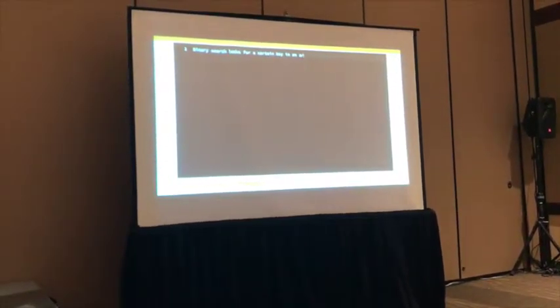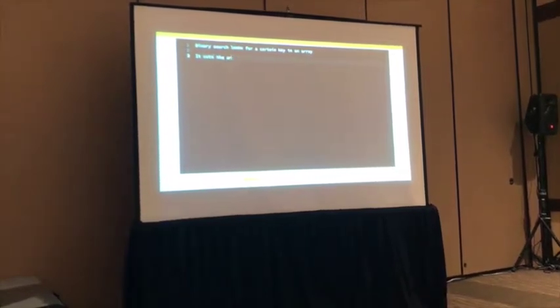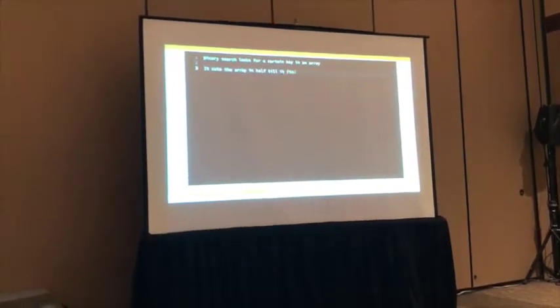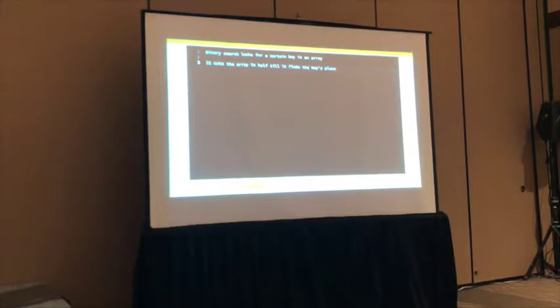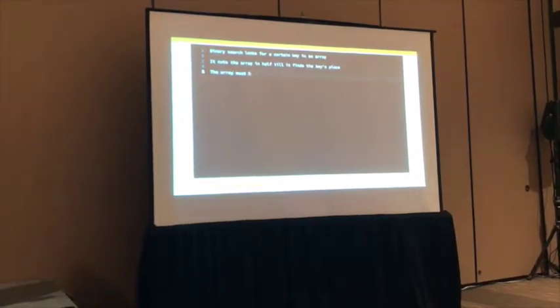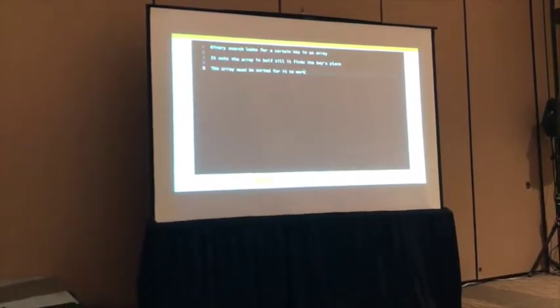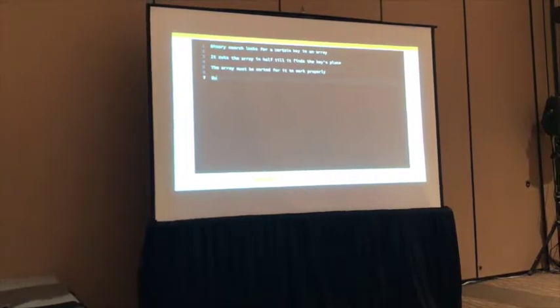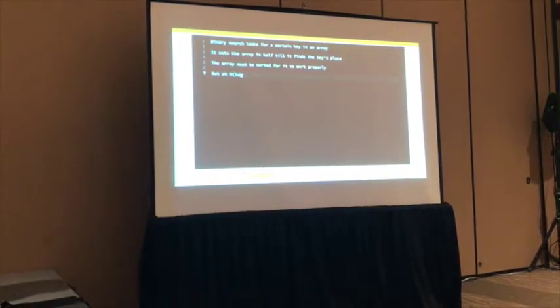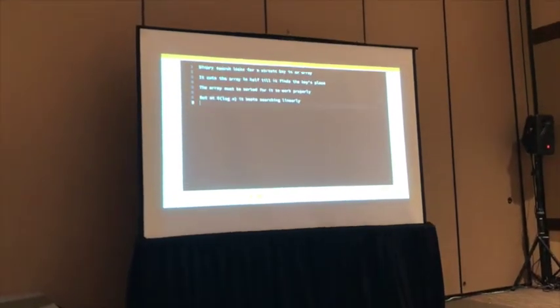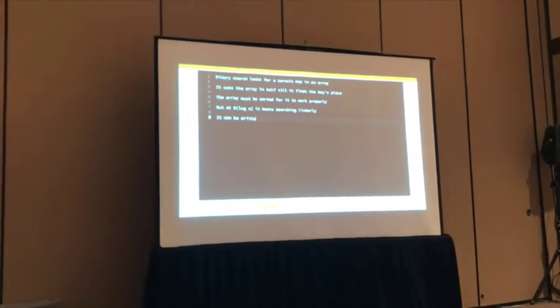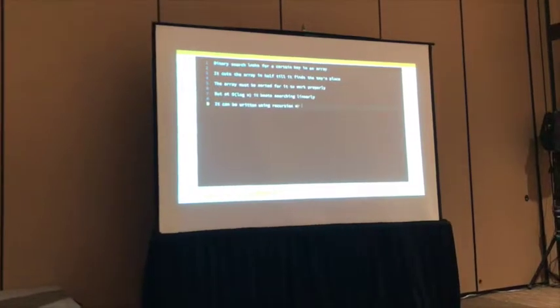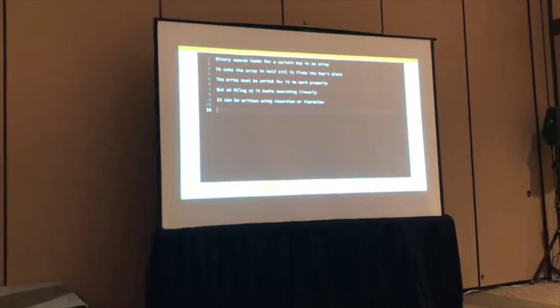Binary search looks for a certain key. It plucks the array in until it finds the key. The array must be sorted for it to work properly. But at home all wrong and it keeps searching when you're using recursion or iteration.